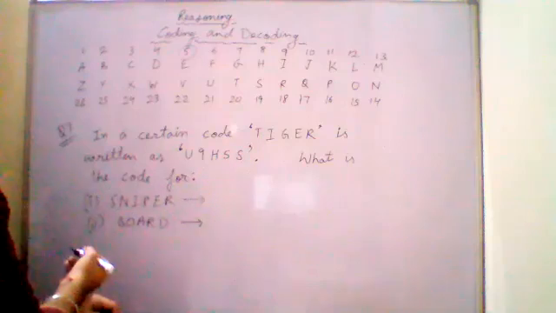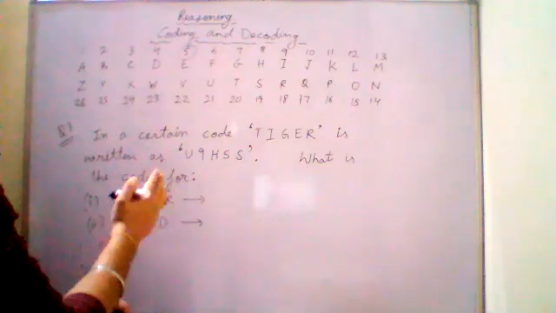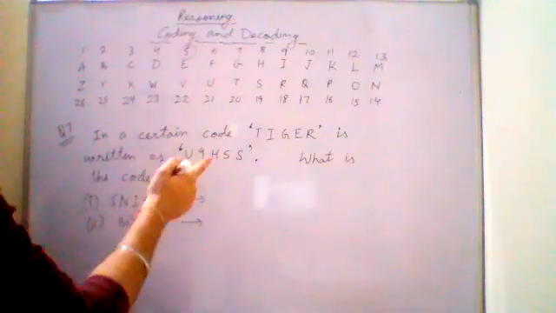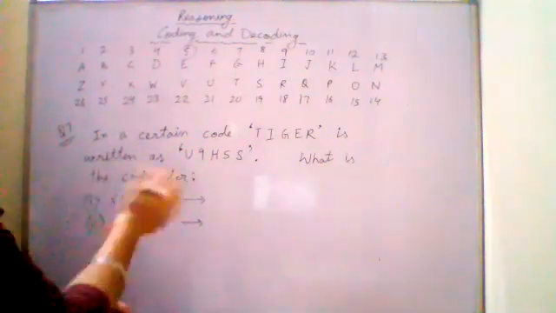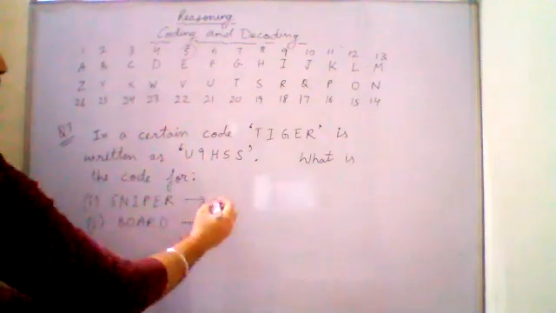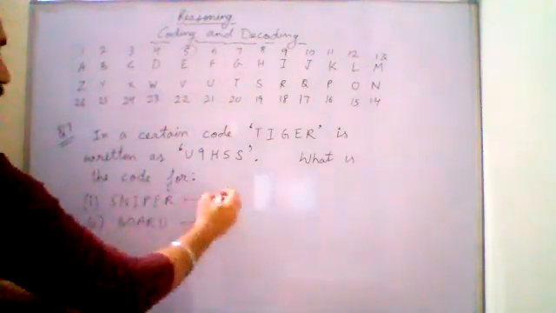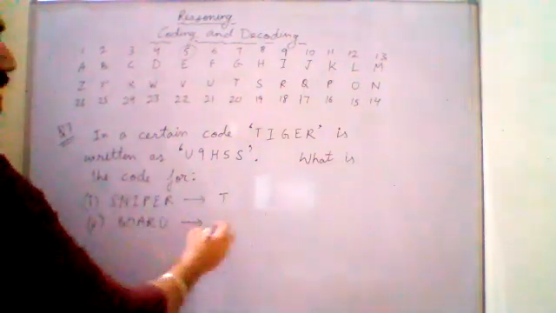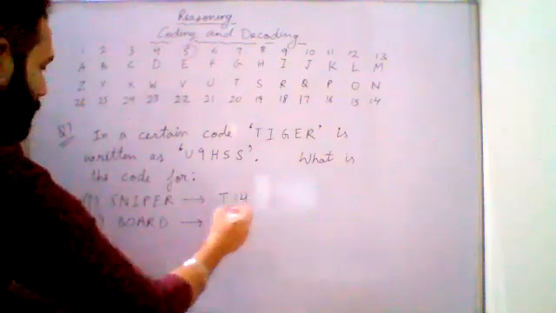So this is how you will do it. In the first one you will write the next letter, in the second one you will write the number for the given letter. Alternately you will do this and you will get the answer. So S, what is the next letter after S? It is T. N, what is the number for N? It is 14.